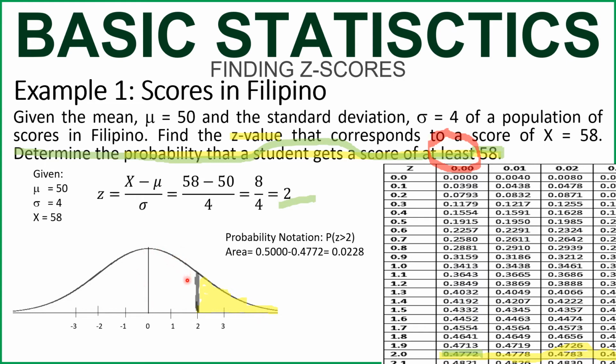E di we subtract 0.5 by the area of this so that we can get the area of this. And that is 0.5 minus 0.4772, and that is equal to 0.0228. Therefore, that is 2.28% if you convert it into percentage. Therefore, 2.28% of the group got a score of at least 58. Is that clear? I hope so.